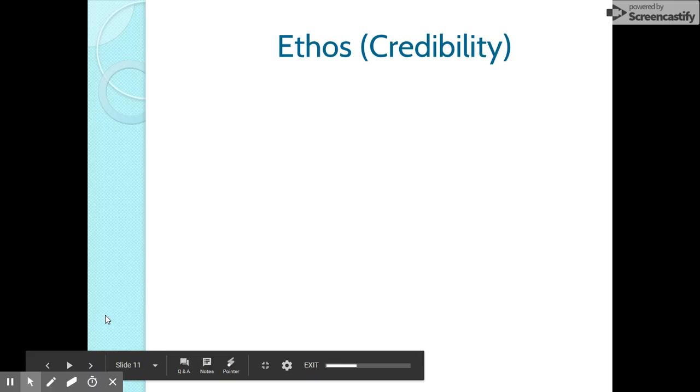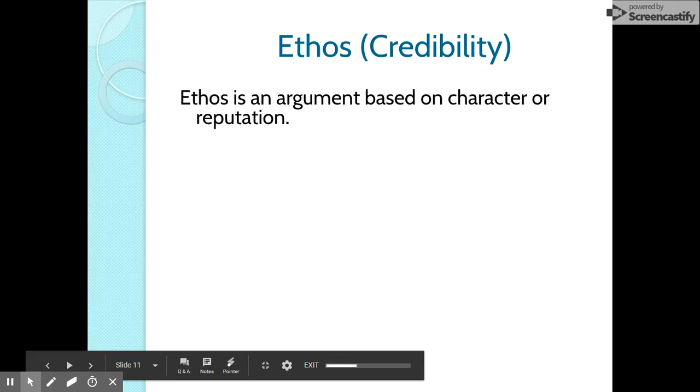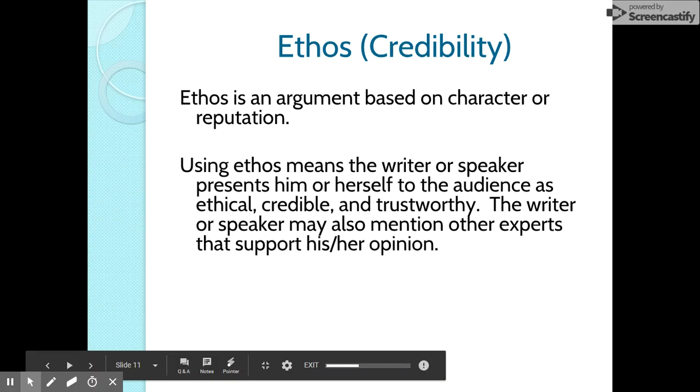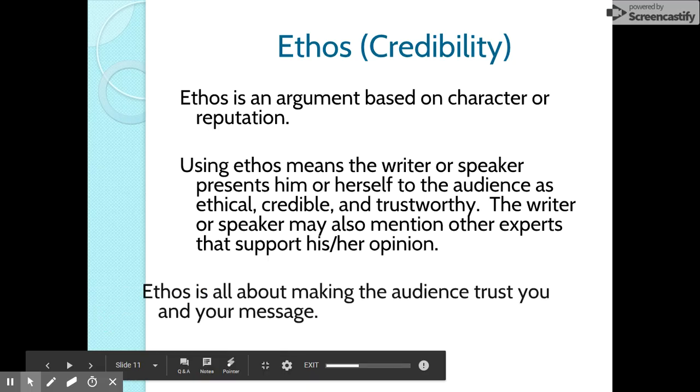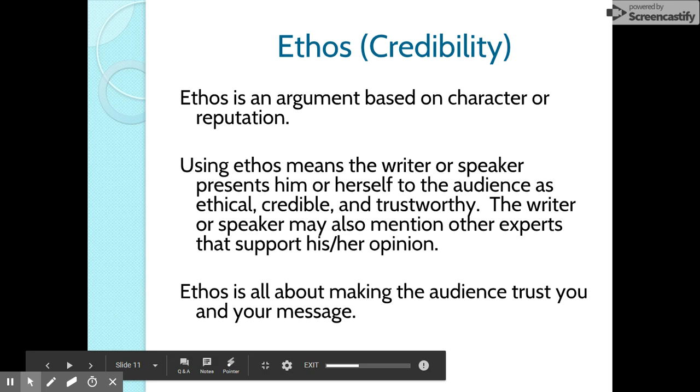Our second type of rhetoric is ethos, or credibility. Ethos is an argument that's based on someone's character or reputation. It also means that the writer or speaker presents him or herself to the audience as credible, trustworthy, and ethical. The writer or speaker may also mention other experts that support his or her opinion. Ethos is all about making the audience trust you and your message.